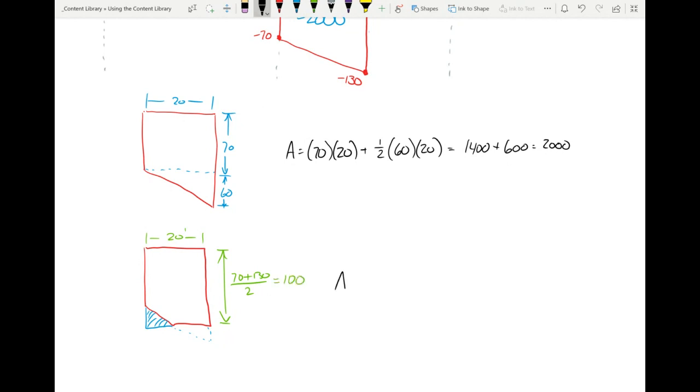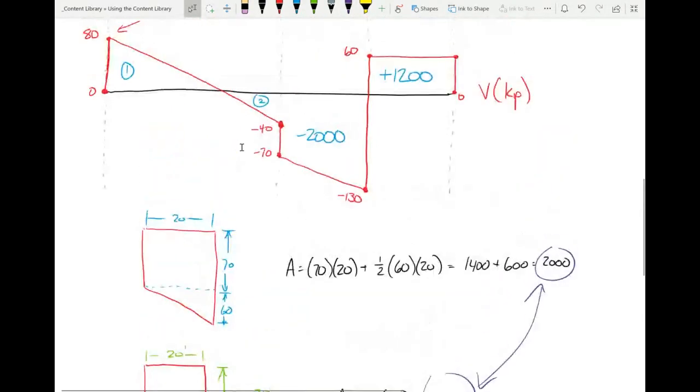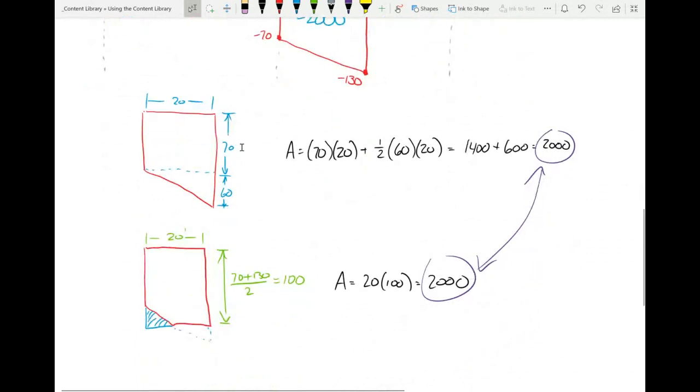So the area is 20 times 100, which is 2,000. And so there's a couple of ways of going about this. You could do it either way, but either one works. The second one is the area of a trapezoid, because that's basically what it is. Okay. Everybody good on that? I don't want to skip past stuff. We got plenty of time.